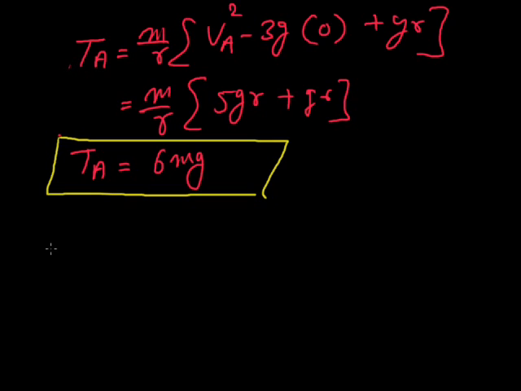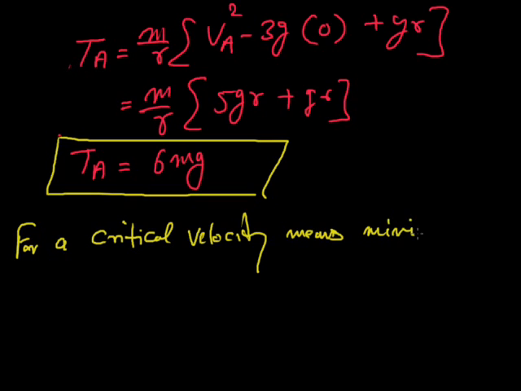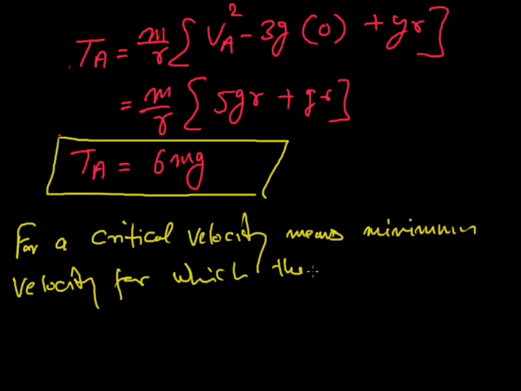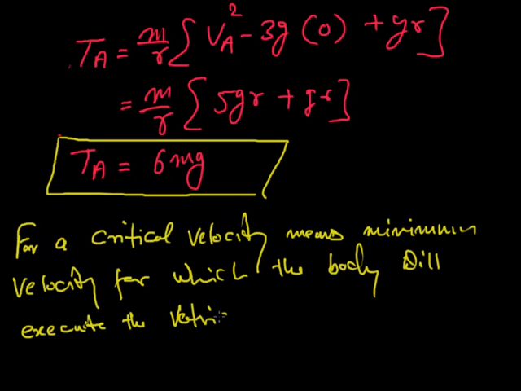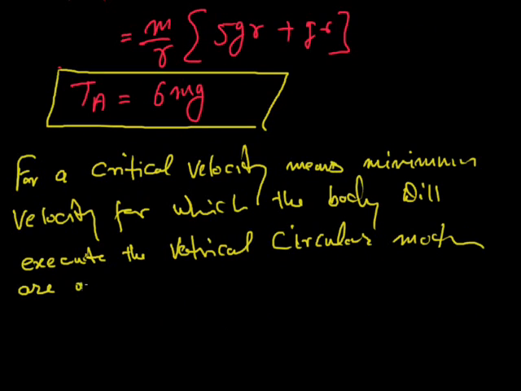So we conclude these results in vertical circular motion, for a critical velocity, meaning the minimum velocity for which the body will execute the vertical circular motion, are as follows.